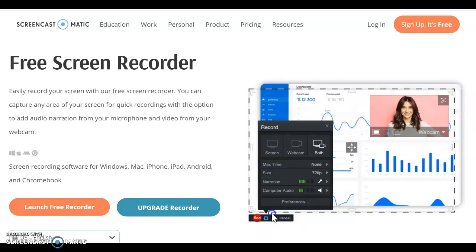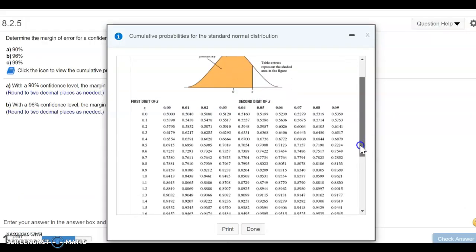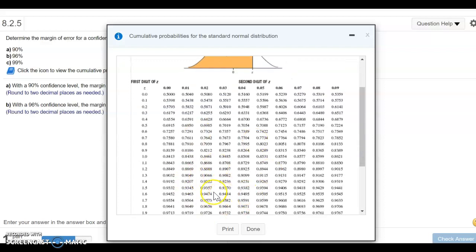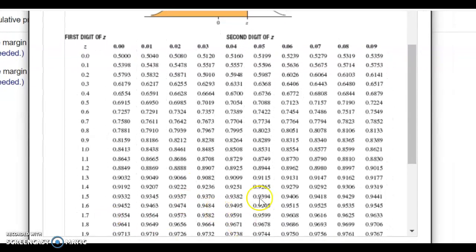So if you go to your table and you look up, you're looking in the table. Here's 0.9495 and here's 0.9505. So 0.95 would be halfway in between these two. So halfway in between 1.64 and 1.65.